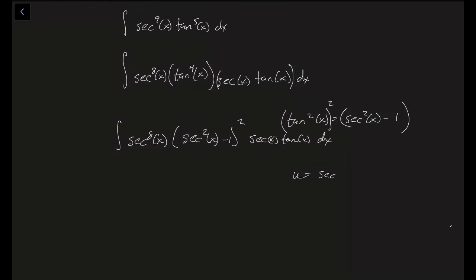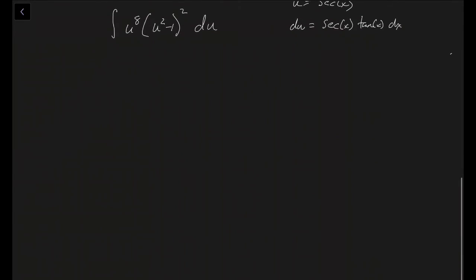If u is equal to secant x, then du is secant x tangent of x dx. And so by u substitution, we have u to the 8th times u squared minus 1 all squared du. Now we just FOIL that out, so we get u to the 8th times u to the 4th minus 2u squared plus 1.